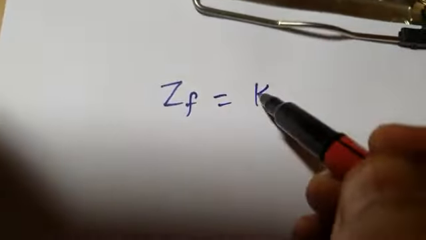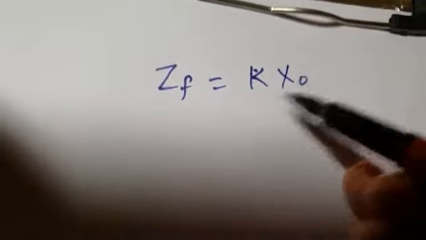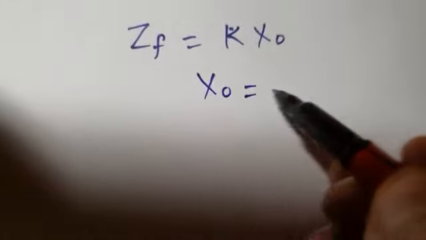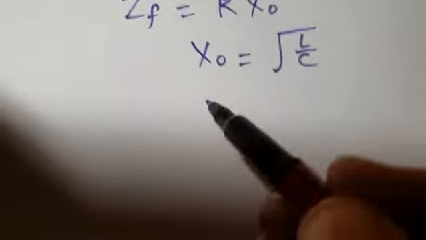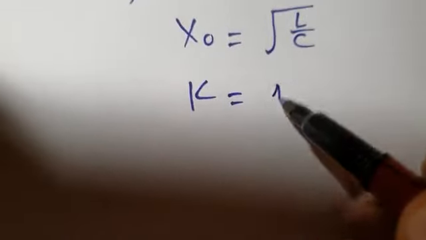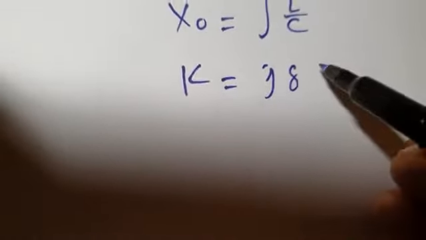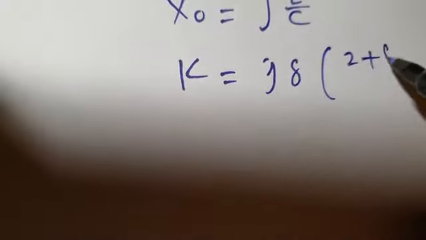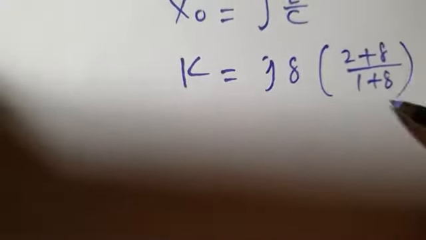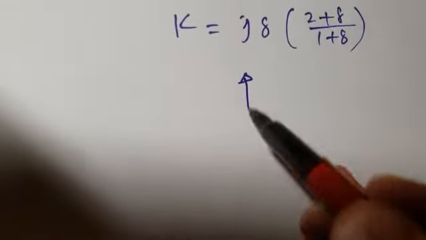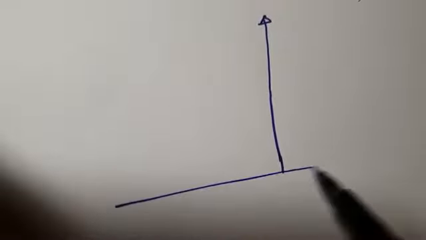Now, for the variation of K with delta, I will again write the filter impedance ZF equal to K X naught, where X naught is the square root of L by C, and K for infinite Q is J delta times 2 plus delta by 1 plus delta. So it's an imaginary component. Delta is the frequency deviation.